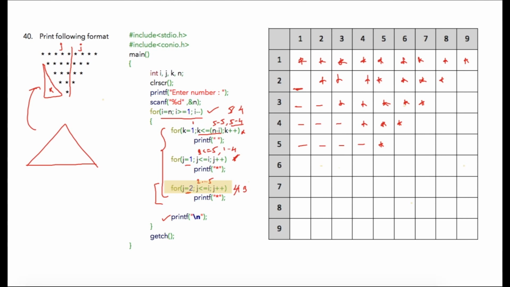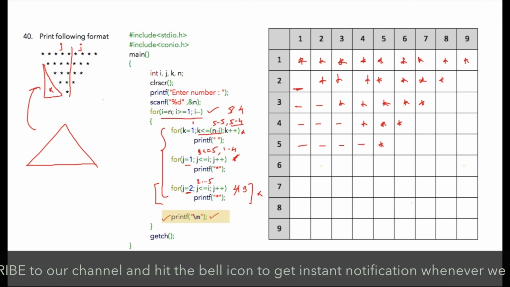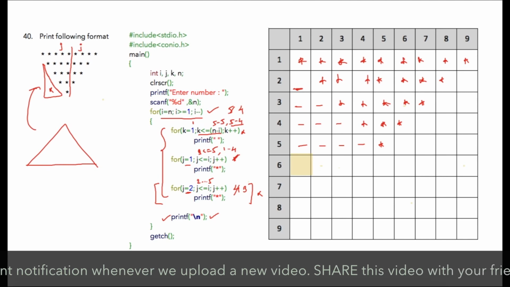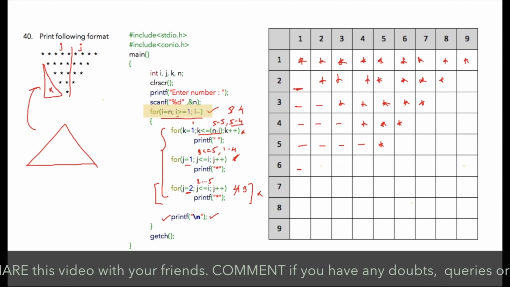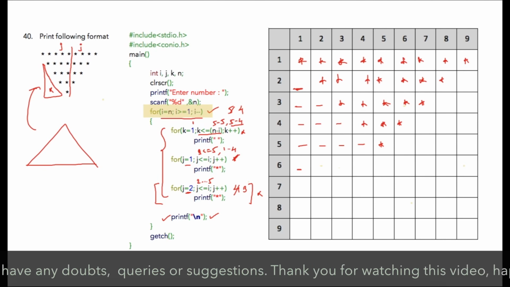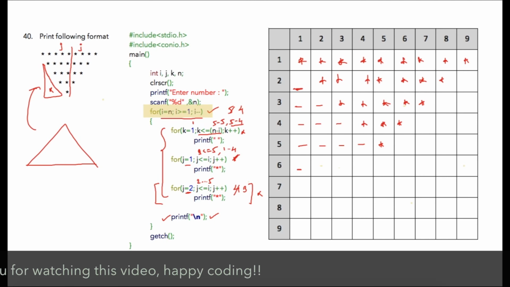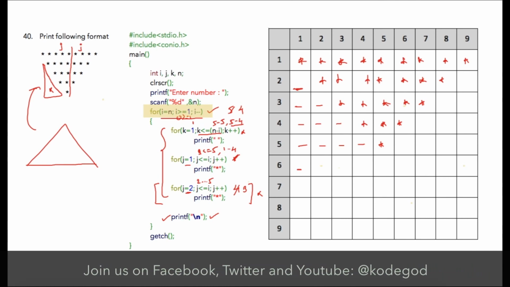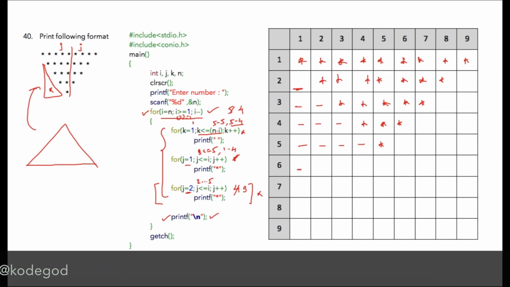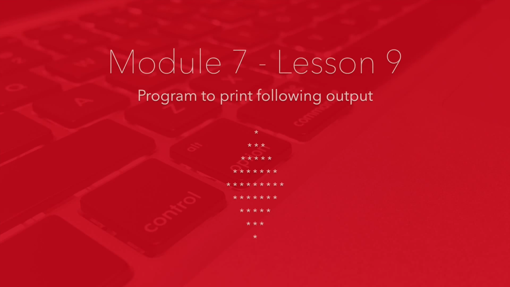Hence this part will not be executed, so there won't be any additional star. After that, because of this final printf slash n statement, the cursor will come to this point and this condition will be false, and i will be decremented to 0, hence 0 greater than or equal to 1 is a false condition. Hence this for loop will be terminated and your program will be completed.